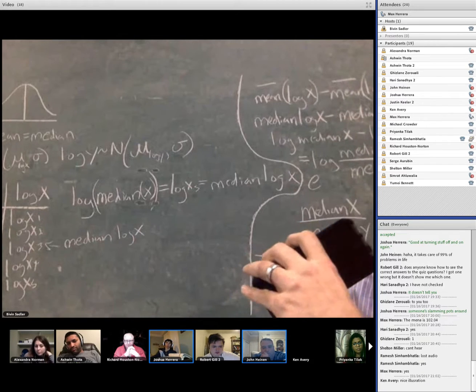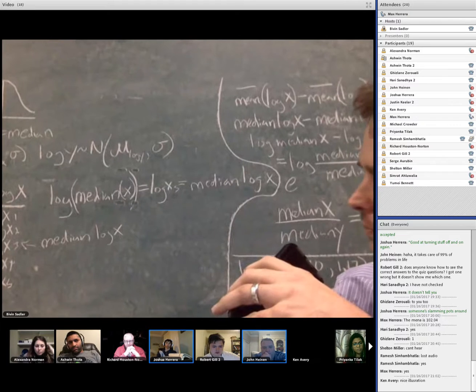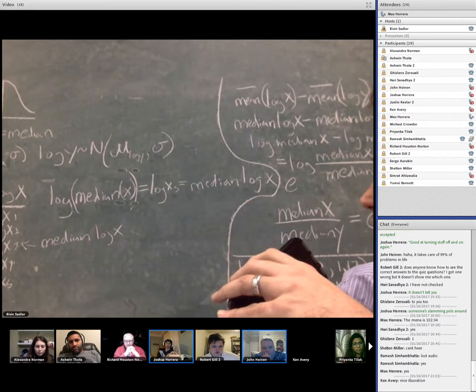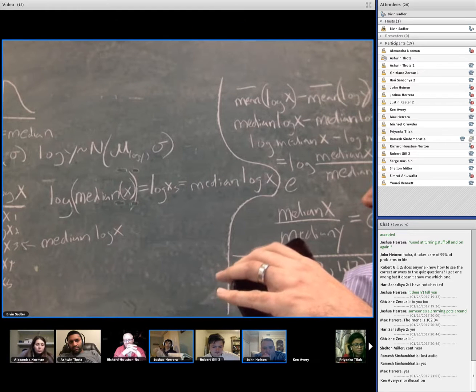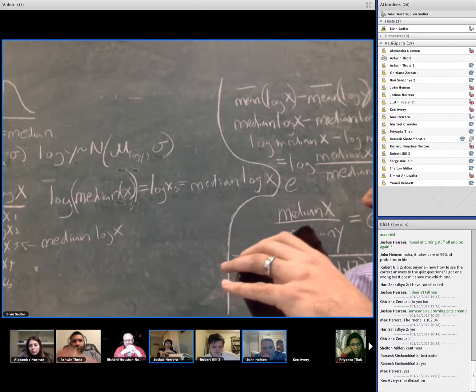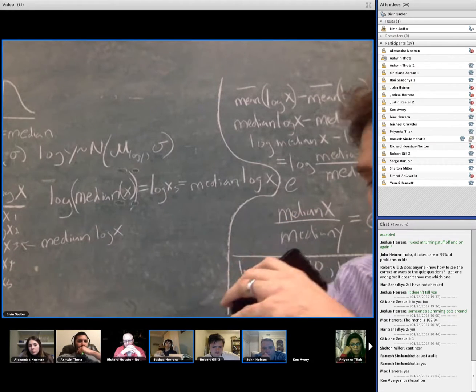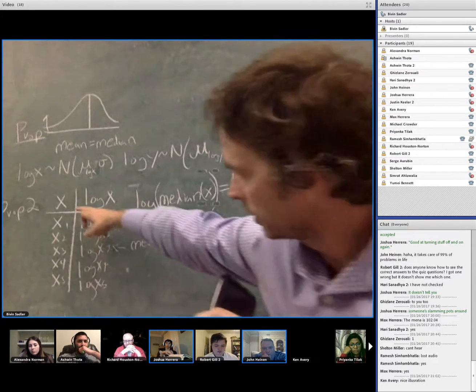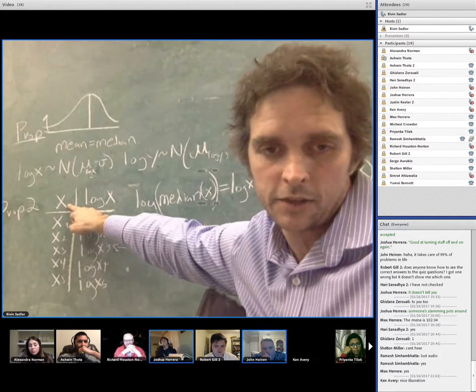Are we also doing it because of the robustness of the median relative to the mean, where the mean will shift if I have outliers where the median stays constant? Well, on the X scale, remember, this could be any distribution. If this one's right skewed, then the mean will be a bigger value.